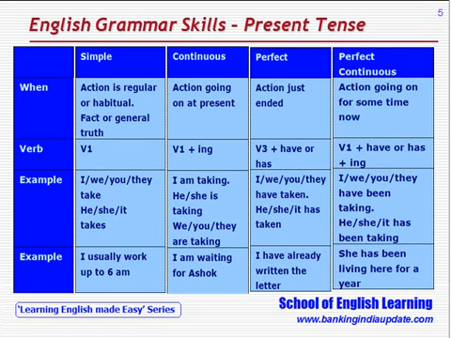So here first form of verb is used, it is supported by have or has plus ing. So for I, we, you, they, have will be used, and for he, she, it, has will be used.